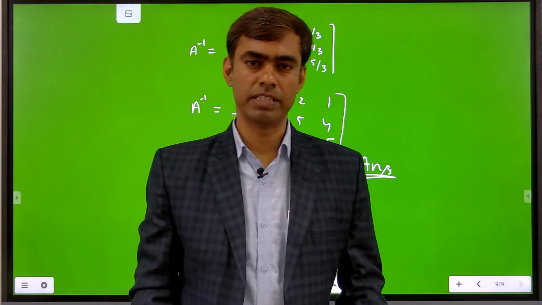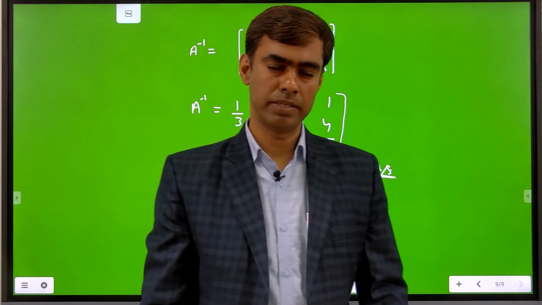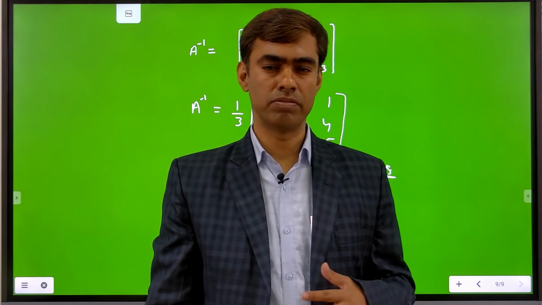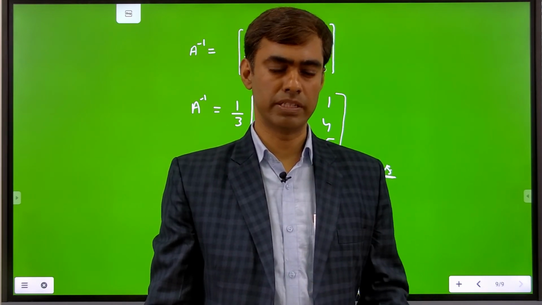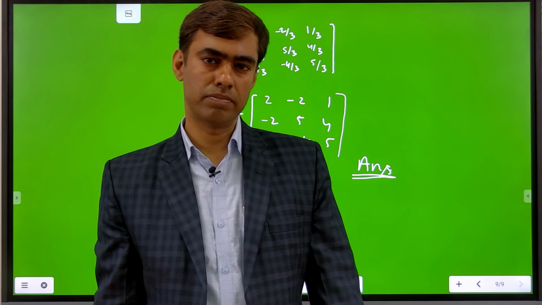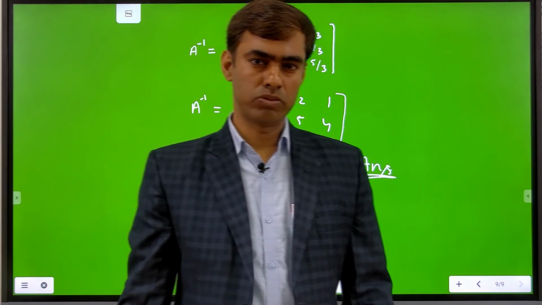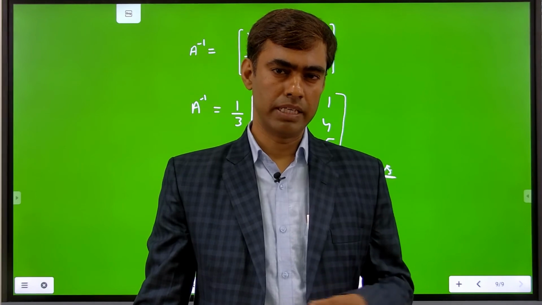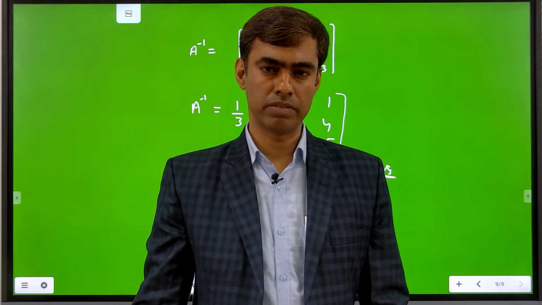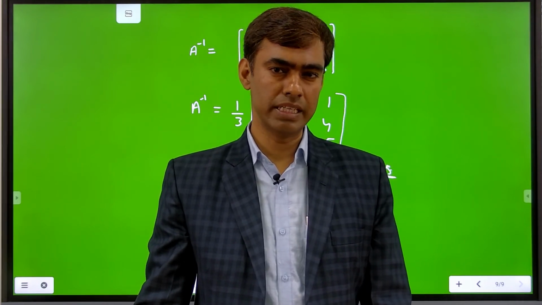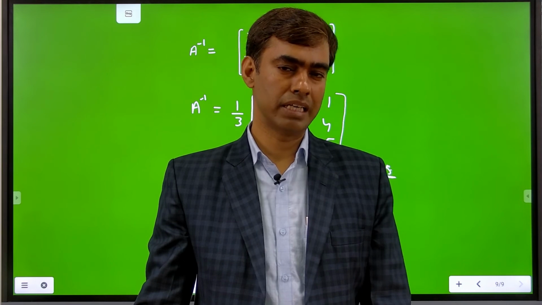So, what is the summary of this lecture? To find the inverse of any non-singular matrix using LU decomposition methods, either Doolittle's method, Crout's method or Cholesky's method. In Doolittle's method, first we decompose the matrix A into a lower triangular matrix and an upper triangular matrix.